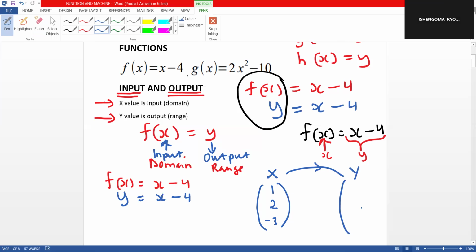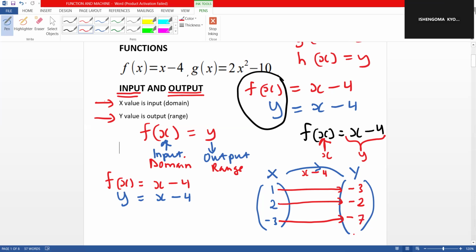Now, when you look at these inputs, right? If I put 1 into my function x minus 4, then it will be 1 minus 4, and my output will be minus 3. If I keep 2, it will be 2 minus 4, and my output will be minus 2. If I keep negative 3, my output will be negative 7.